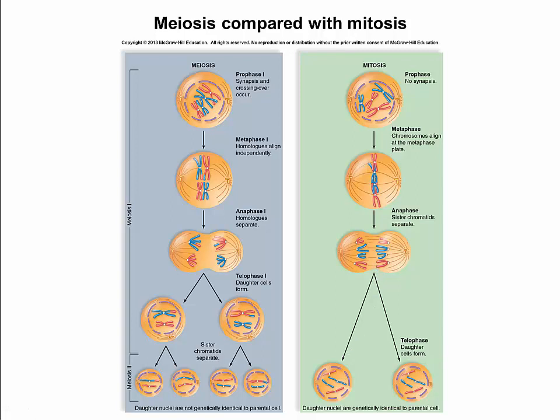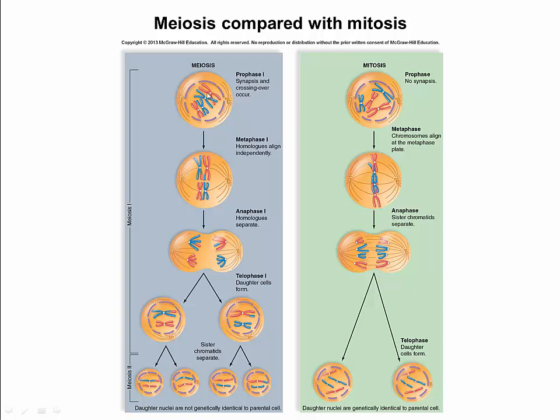Now, you will notice that the chromosomes themselves are no longer duplicated. If you follow the pointer, this chromosome up here consists of 2 sister chromatids, and down here, it only consists of 1. That's because the sister chromatids were separated. That's what allows mitosis to occur and maintain the genetic integrity of the cell.